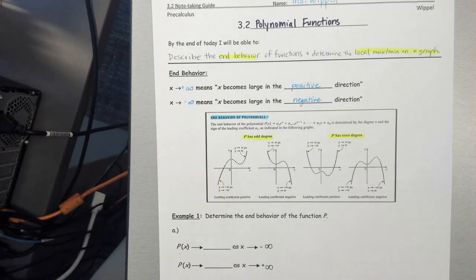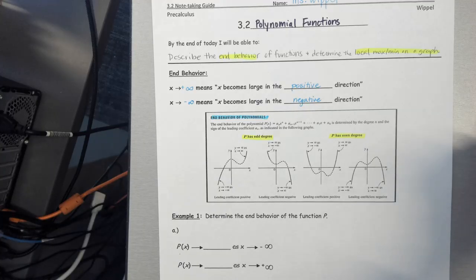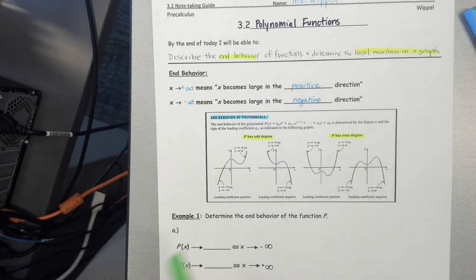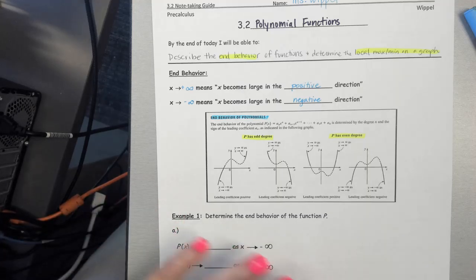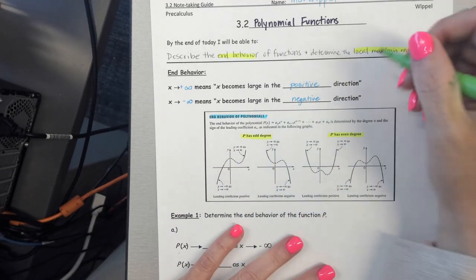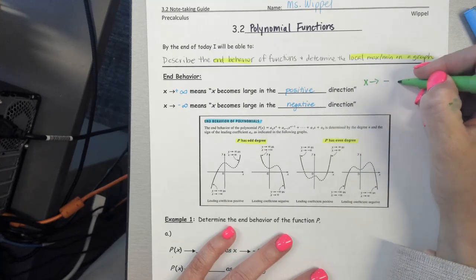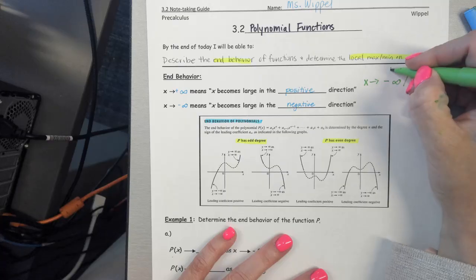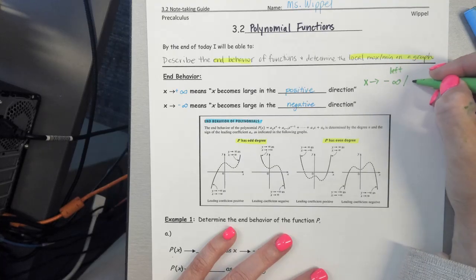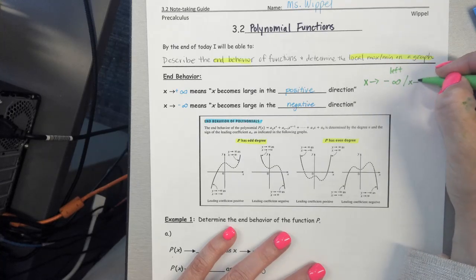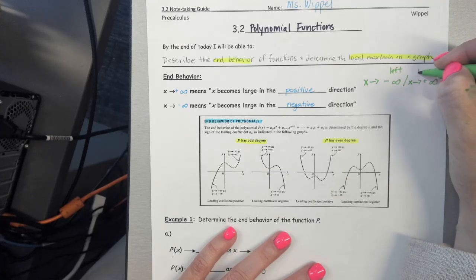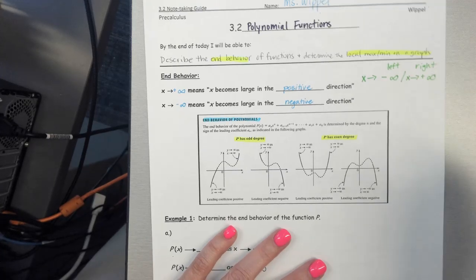Whenever you're dealing with x values, when it's getting very large in the positive direction, that's the right side of the graph. And then the negative would be the left side of the graph. So we're going to use x goes to negative infinity to represent the left side. And then x goes to positive infinity means the right side.